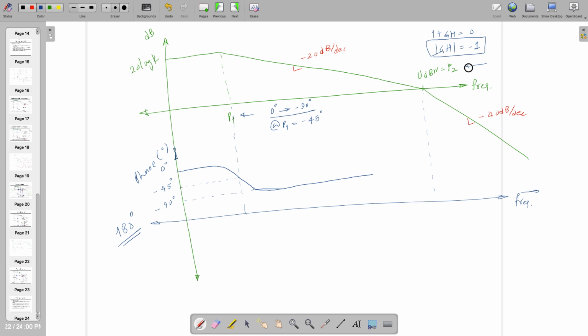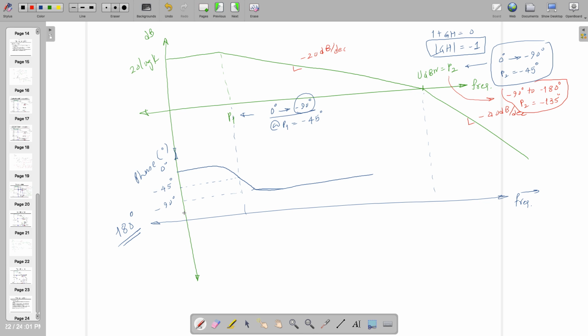Pole 2 is also going to give you 0 to minus 90 degree, and at P2 it is minus 45 degree, but it has to be added to the last signal, which is available at minus 90 degree. So the contribution of pole 2 will be minus 90 to minus 180 degree, but at pole 2 it will be minus 135 degree.